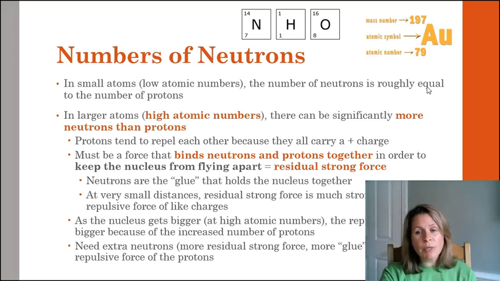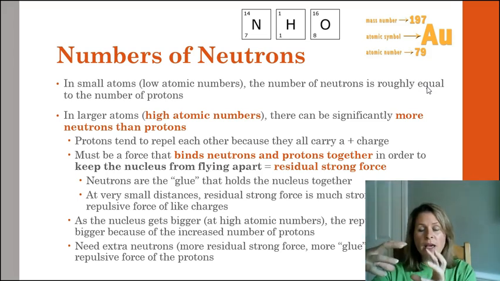As the nucleus gets bigger, whenever you start lumping in bunches and bunches of protons, then this repulsive force from all of the protons, this tendency for them to repel each other, becomes even greater. It's almost like an exponential growth. It becomes even greater because you have so many protons. So in order to compensate for this increased repulsive force of the protons wanting to come apart, we have to have more neutrons.